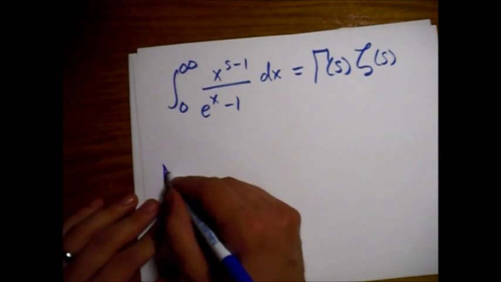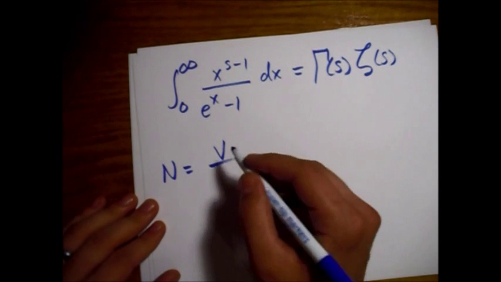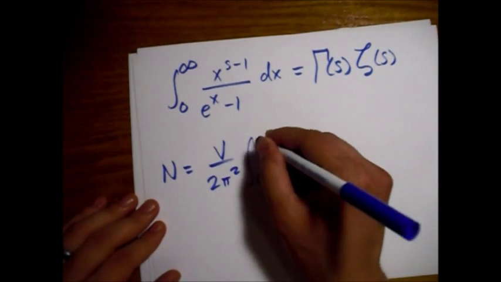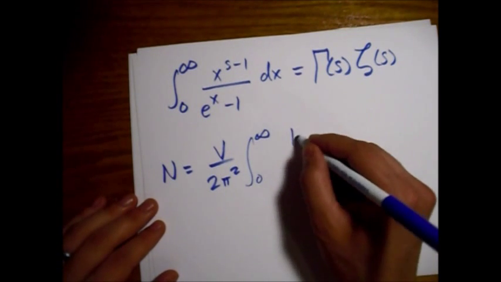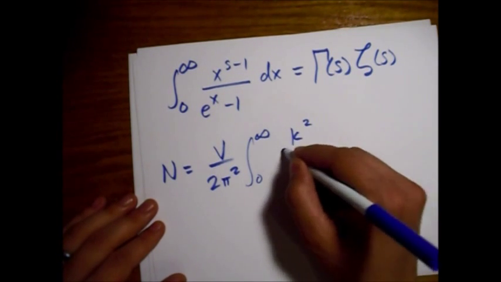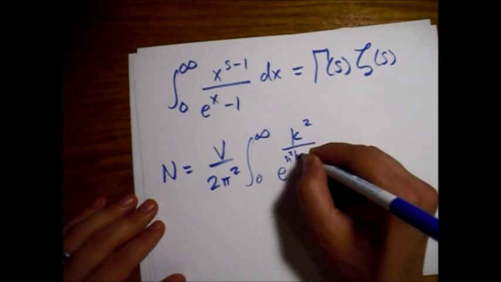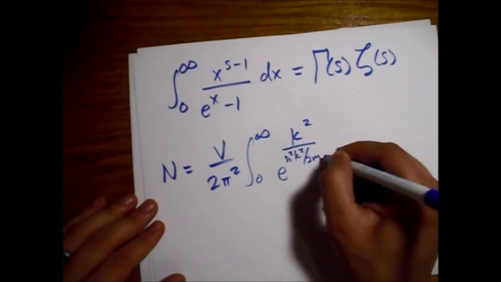So here's the integral that we're doing. That same one, V over 2 pi squared, integral from 0 to infinity, k squared, e to the h bar squared k squared divided by 2m.